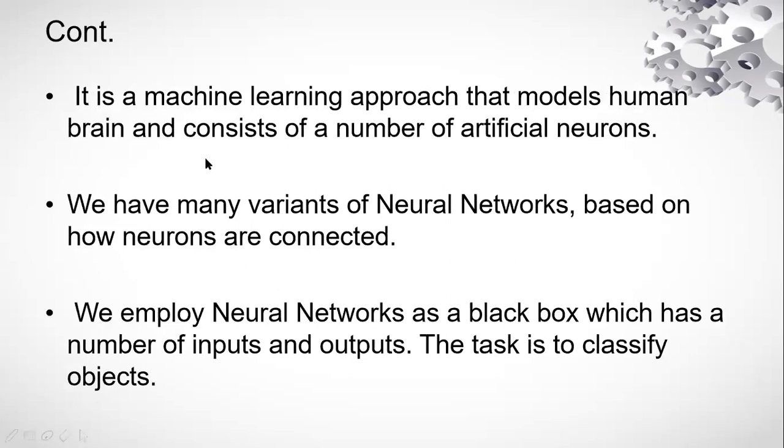Next point, it is a machine learning approach that models the human brain and consists of a number of artificial neurons. So now we have understood that this is a highly interconnected set of artificial neurons. But the approach we are using behind this is machine learning. We all have heard about this term a lot, machine learning.